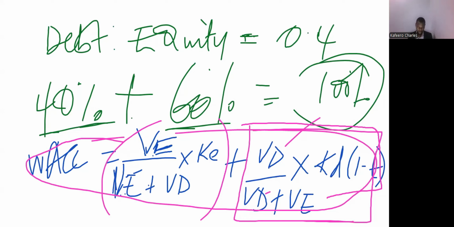Now, the issue is about after gearing. This part C. They want us to work WACC, but this time around after gearing.